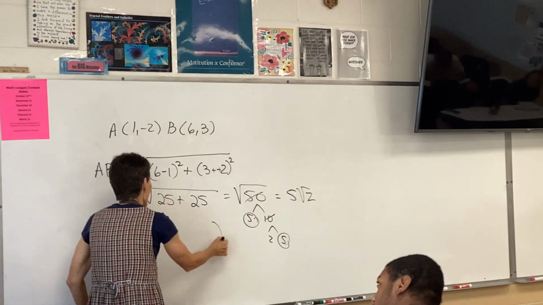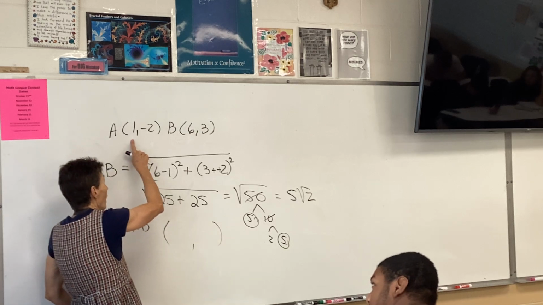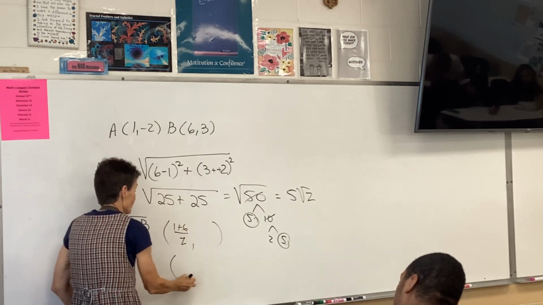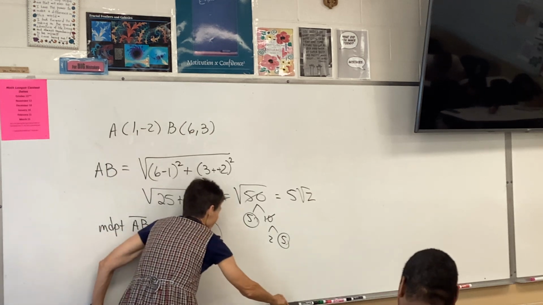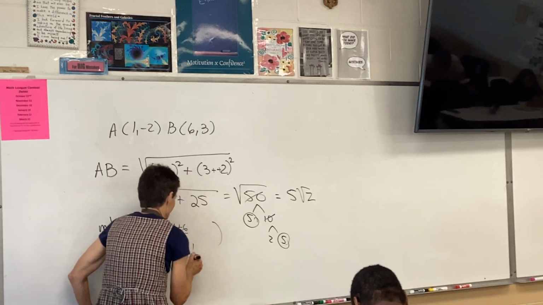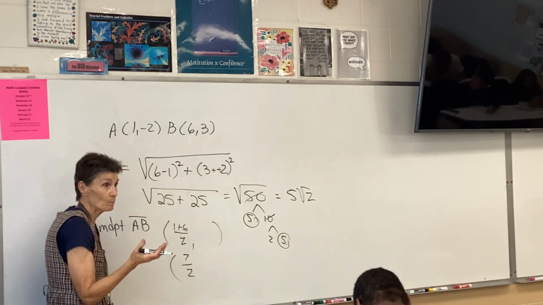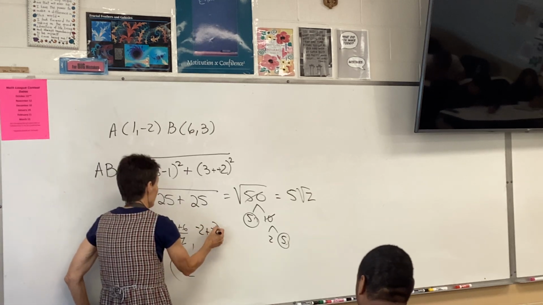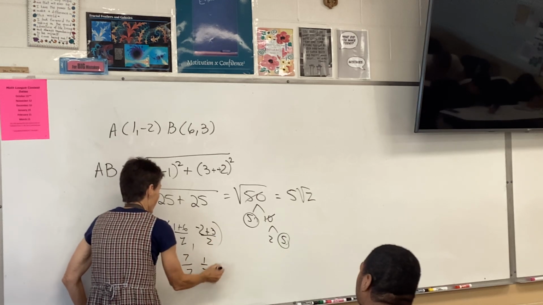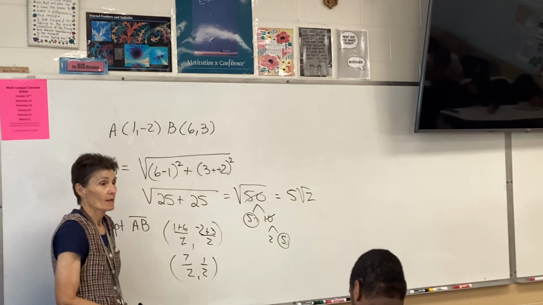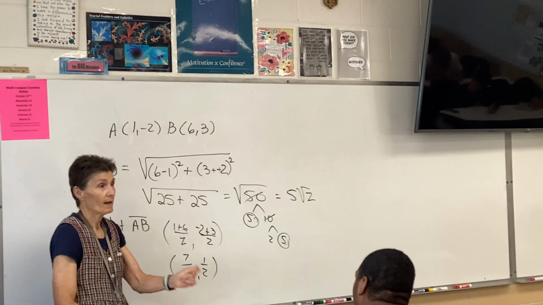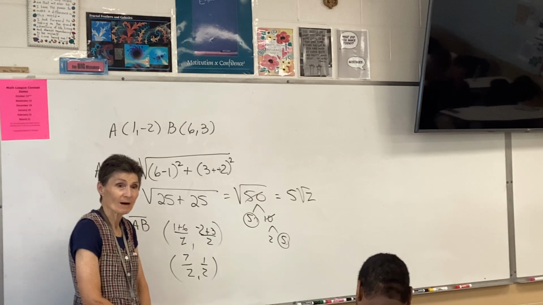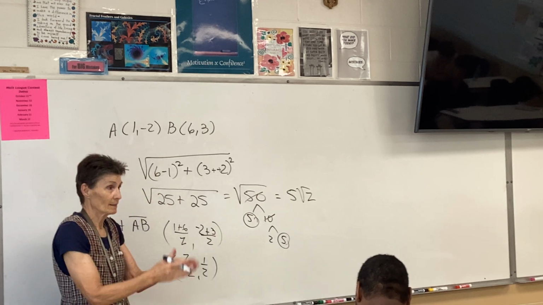So I'm gonna add my x's. 1 plus 6 and divide it by 2, so that's 7 halves, or 3 1/2 if you prefer. And then my y's. Negative 2 plus 3, that one's 1/2. How do we find midpoint? Average. Midpoint is average. Add them and divide by 2. Middle, average.